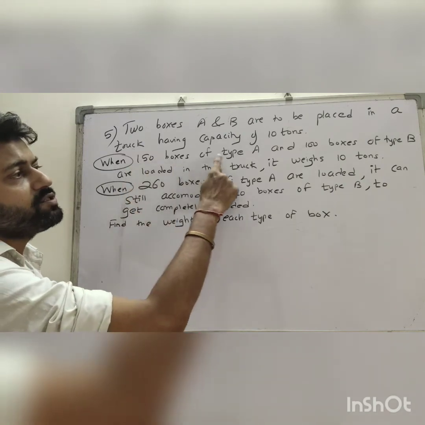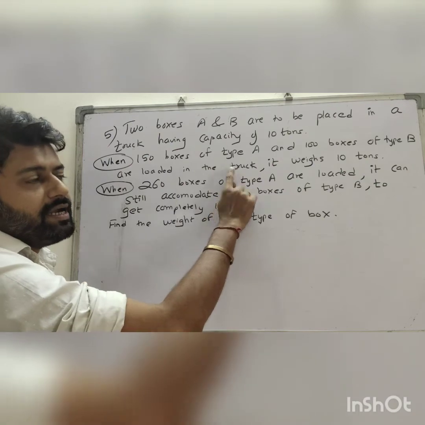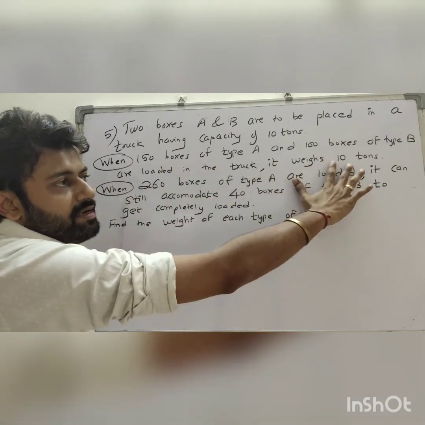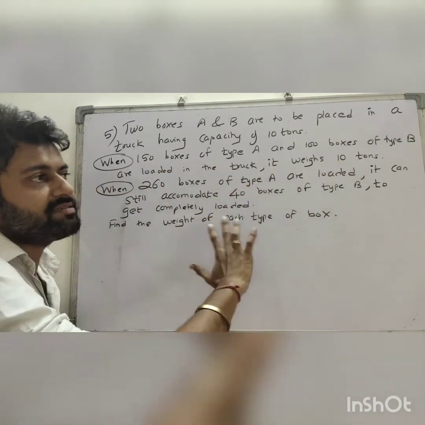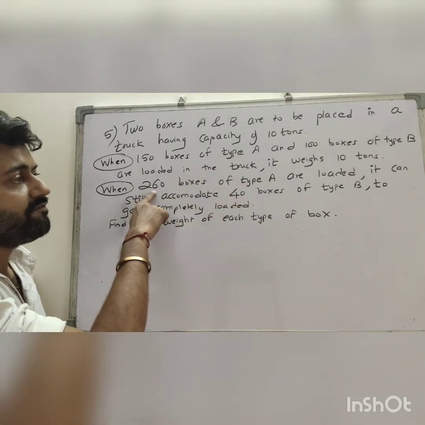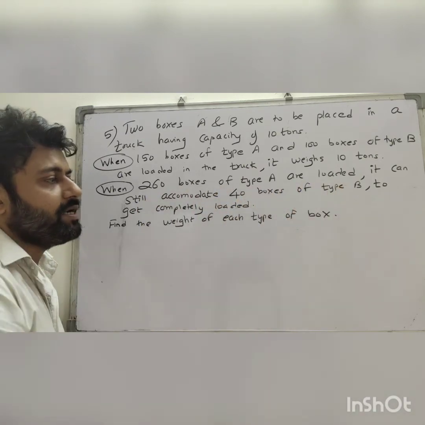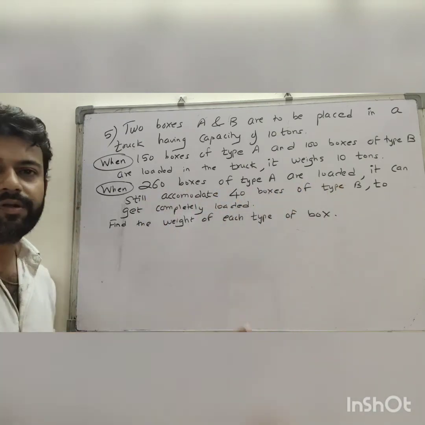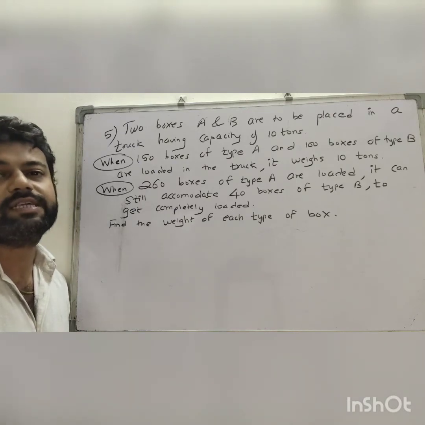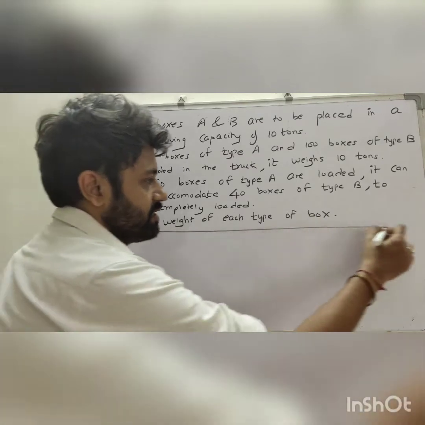When 150 boxes of type A and 100 boxes of type B are loaded in the truck, it gets completely loaded. It weighs 10 tons. The next case says that if 260 boxes of type A and 40 boxes of type B are loaded, then it gets completely loaded with 10,000 kgs. Find the weight of each type of box.